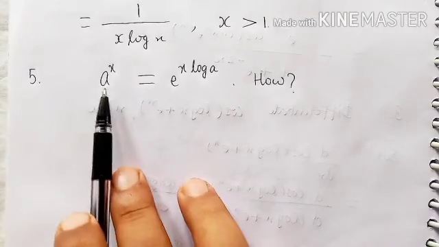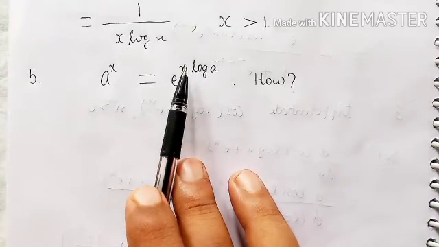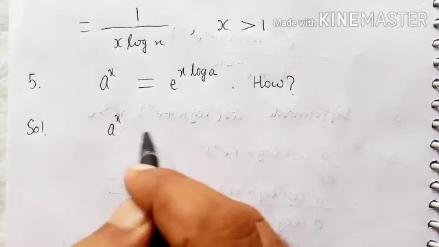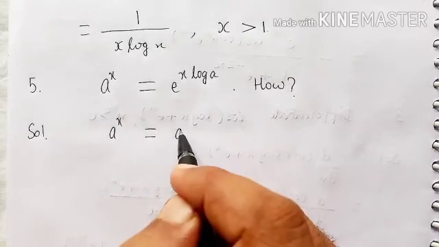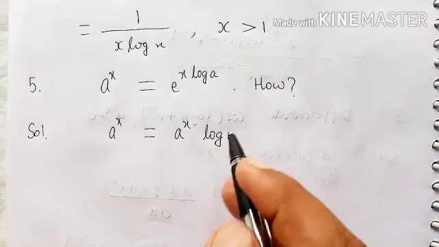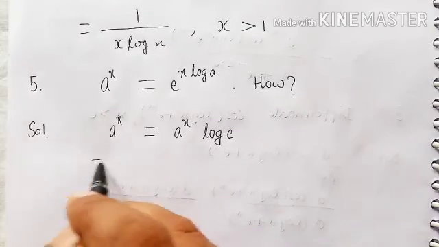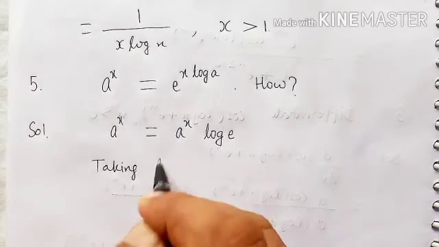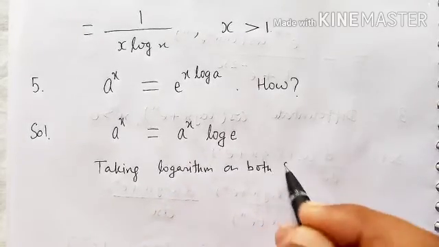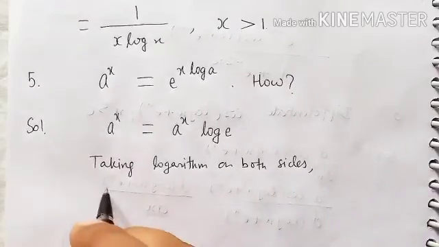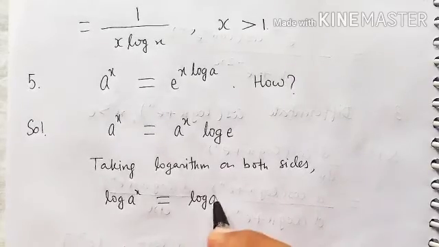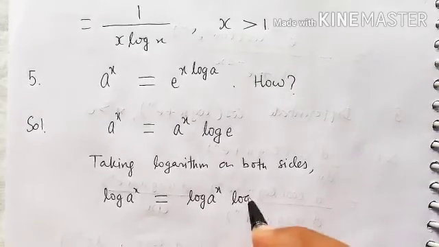One more question here: a to the power x is equal to e to the power x log a. How? a to the power x is equal to a to the power x log e, because log e is 1. Here taking logarithm on both sides, we have log of a to the power x is equal to x log e.